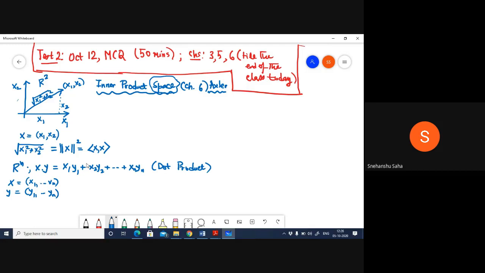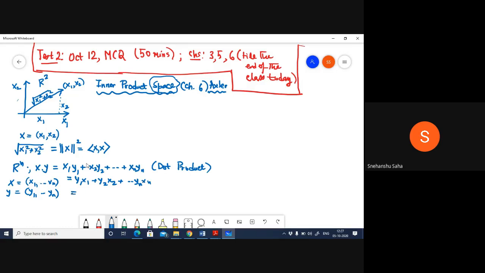There are some nice properties of inner products. Because of this representation, and because x1, x2, y1, y2 and all of these are scalars, individual components of the vector, I can easily write it as y1 x1, and so individually they all commute, up to yn xn.